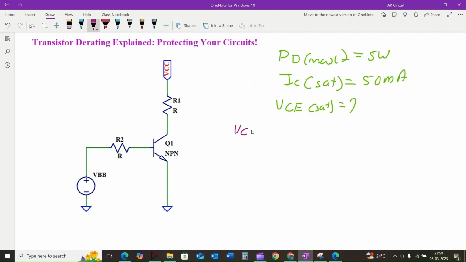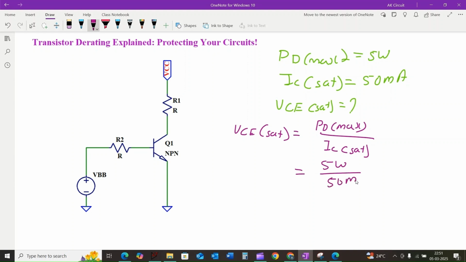So VCE sat is equal to maximum power dissipation PD max divided by IC sat, which is equal to 5 watt divided by 50 milliamps, 100 volt.